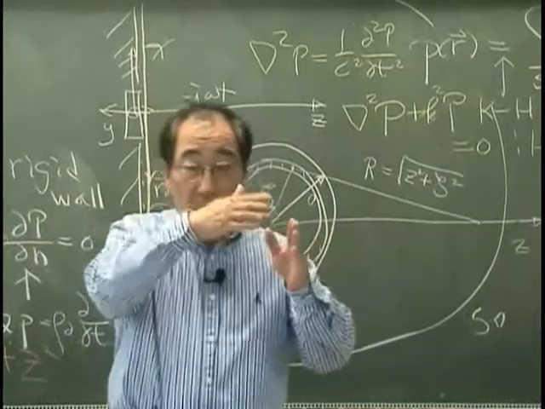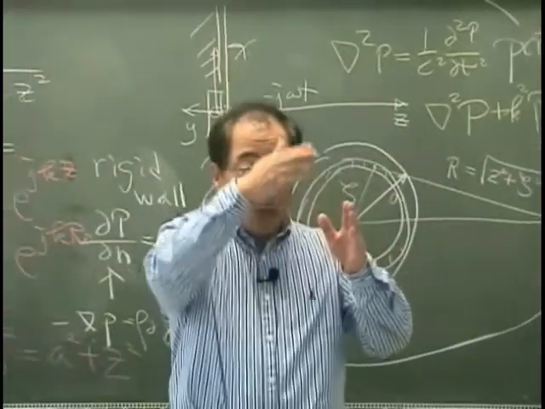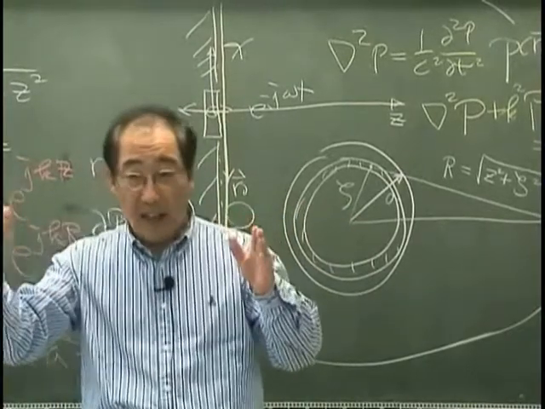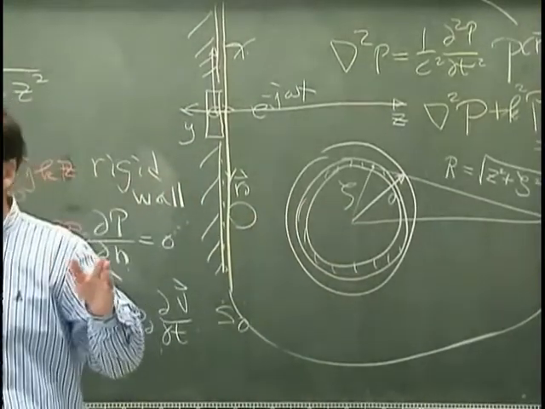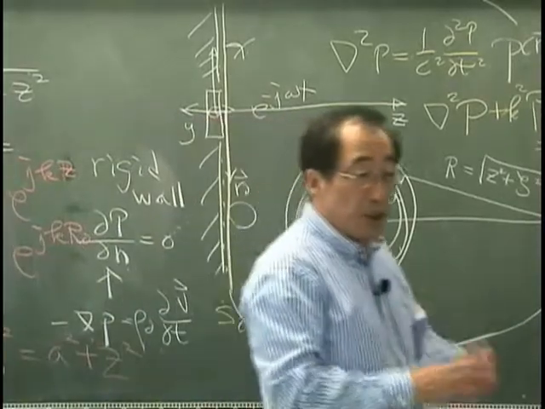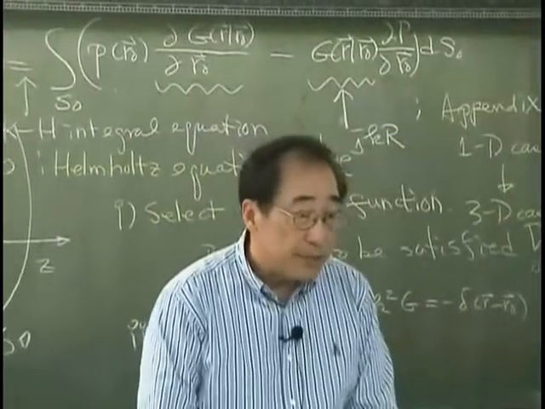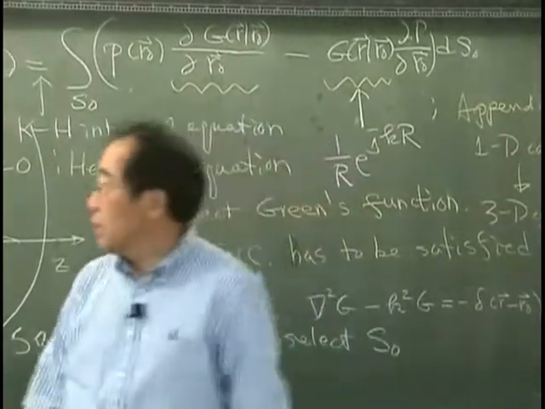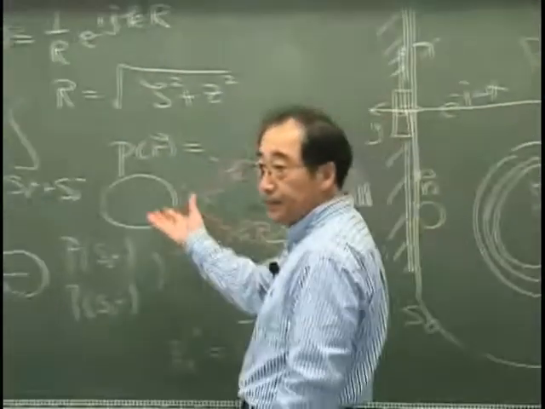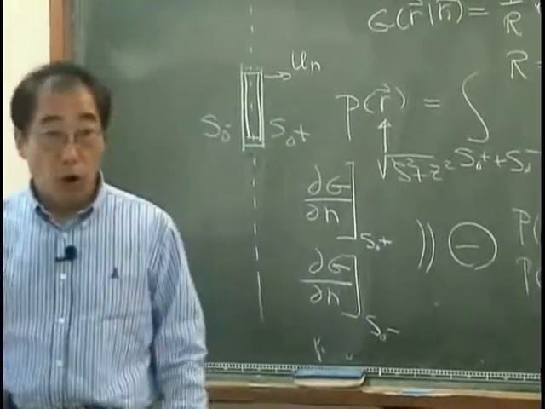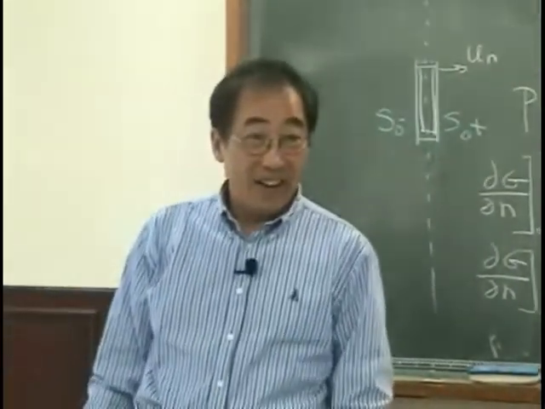Right? So if you draw the sound pressure, it should look like this, and then exponentially decay out as if there is only a monopole. So in the far field, the behavior is very much like radiation from a monopole. Right?